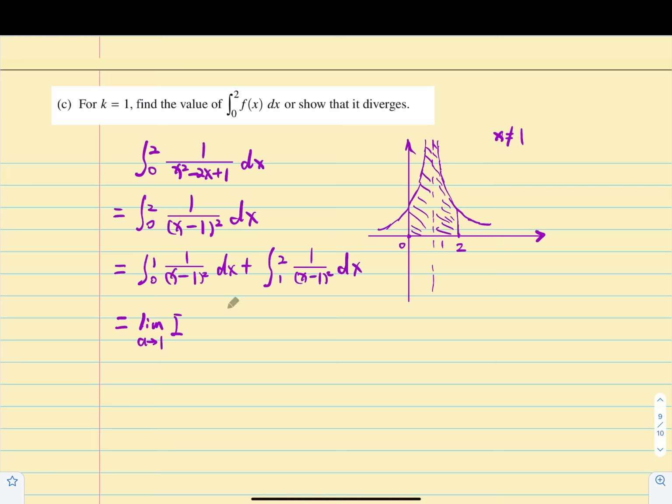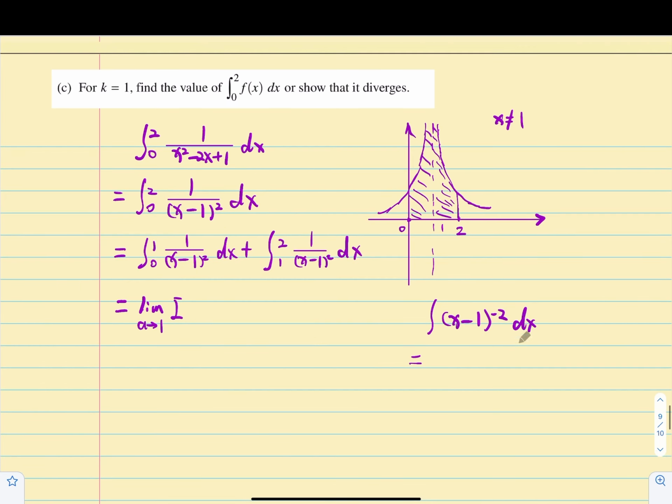So this is x minus 1 to the power of negative 2, dx. So I have to find the indefinite integral of this thing. We can use u substitution. In u substitution we use u equal to x minus 1, so we have du equal to dx.